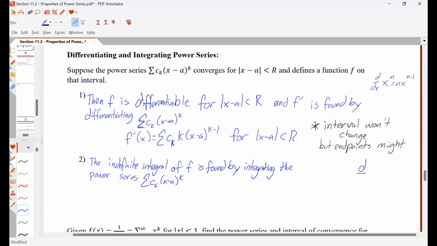Recall the integral of x to the n is x to the n plus 1 over n plus 1, plus c.